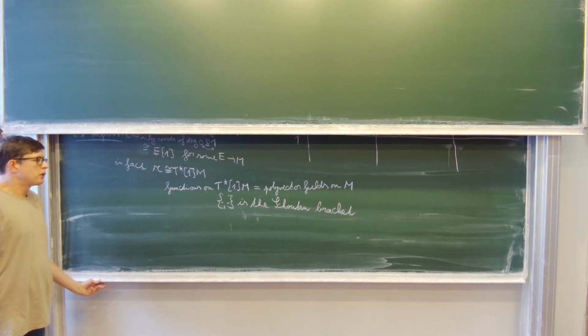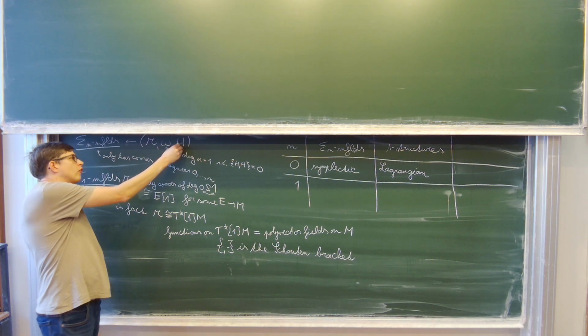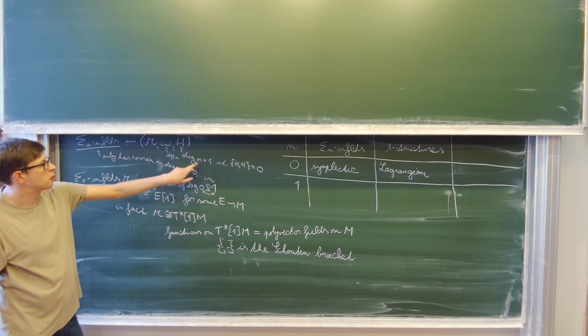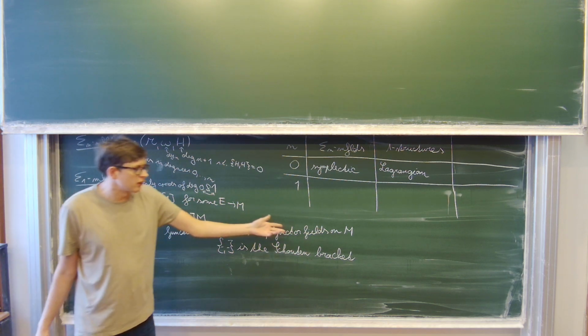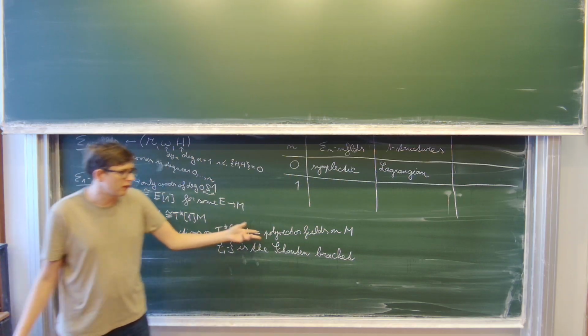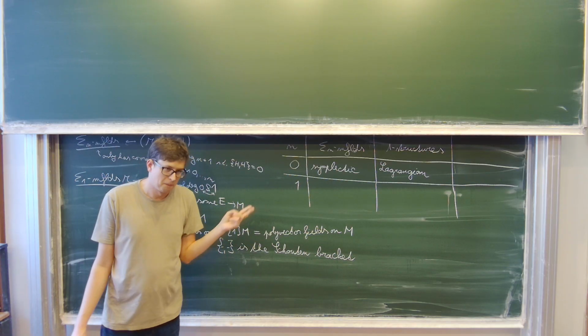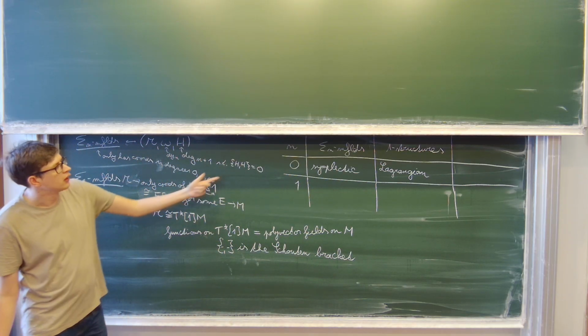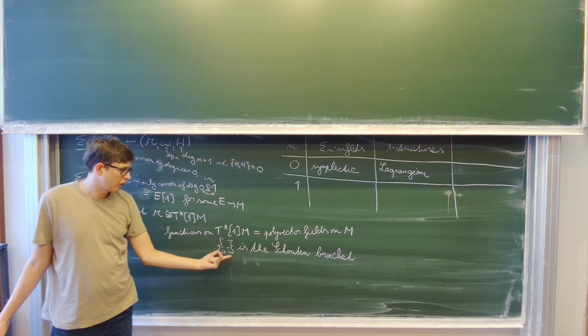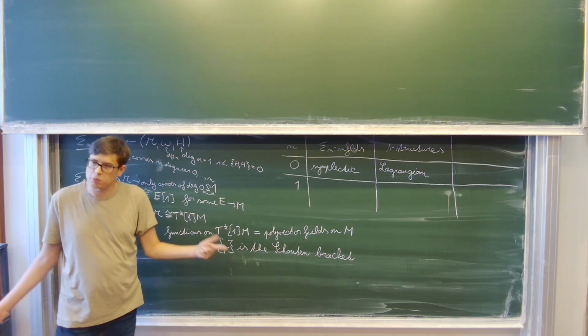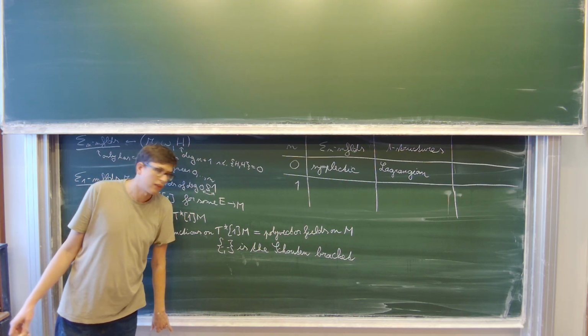Okay, now what do we need? We're looking for a function which should be of degree 1 plus 1, so 2. Functions are polyvector fields. Functions of degree 2 means a polyvector field of degree 2, so a bivector field. And we are looking for a bivector field whose Poisson bracket with itself is 0, which means a bivector field whose Schouten bracket with itself is 0, and that's precisely the definition of a Poisson structure.